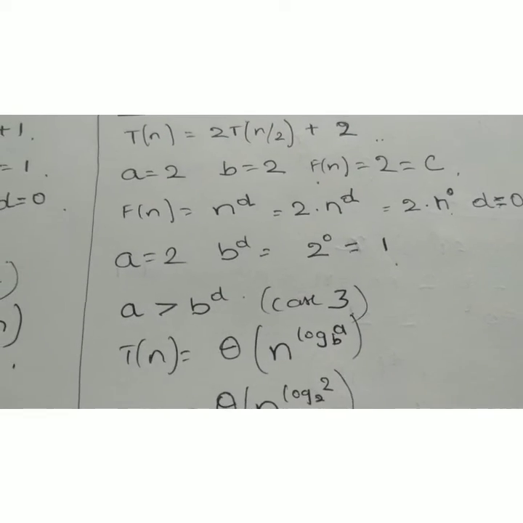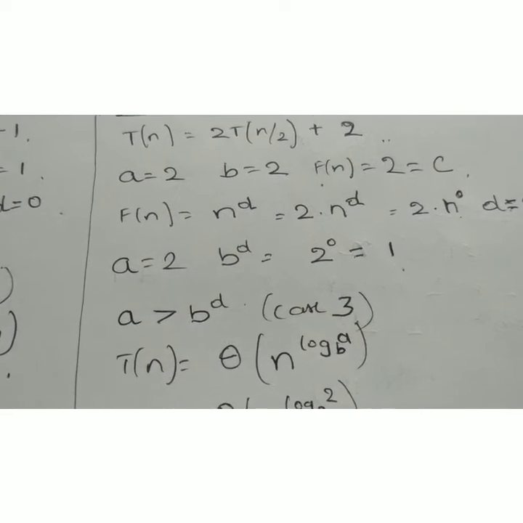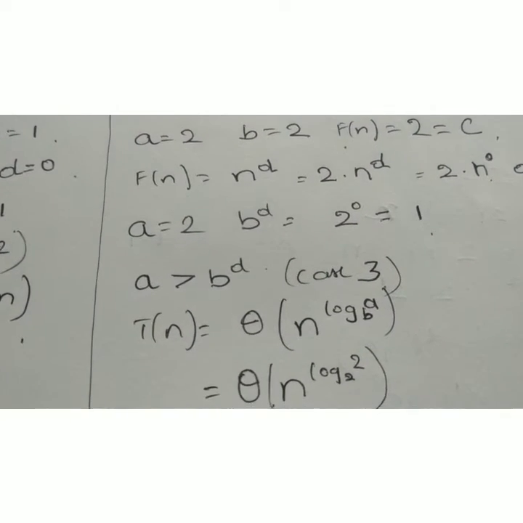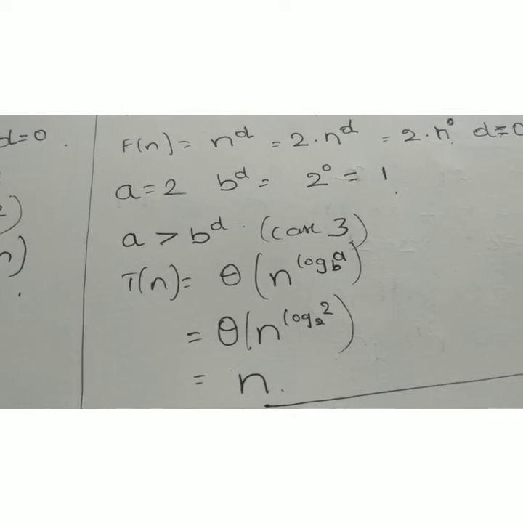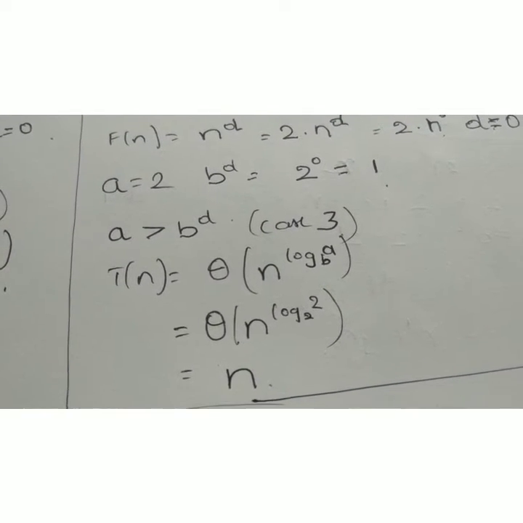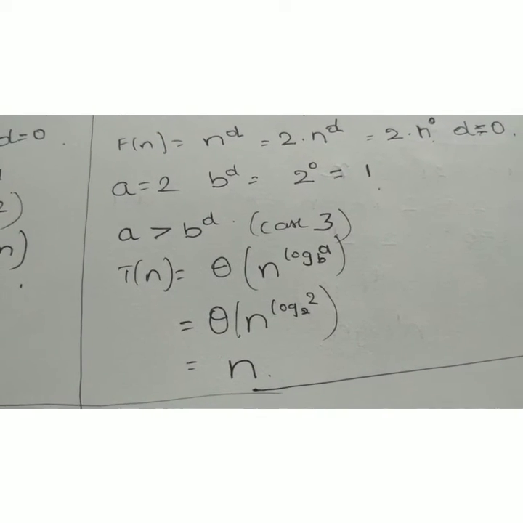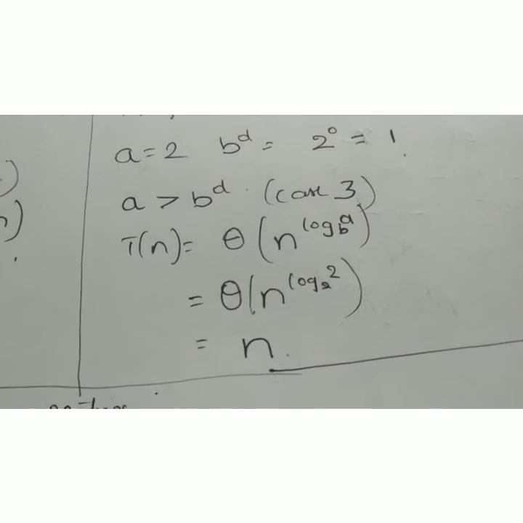Now taking a is equal to 2 and b to the power of d is equal to 2 to the power of 0, which is equal to 1. In this case, it is case 3. So T of n is equal to n to the power of log a base b. That means n to the power of log 2 base 2, and log 2 base 2 is 1. So n to the power of 1, which is nothing but n.